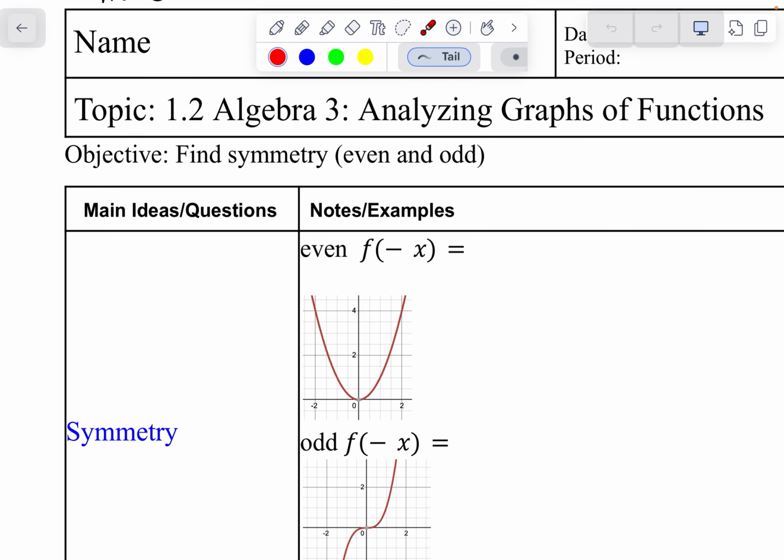So the first thing that we want to talk about is an even function. And so if we plug negative x into an even function, it goes and looks right back the way that it used to do. Now, why is that? Well, that's because it has what's called y-axis symmetry.